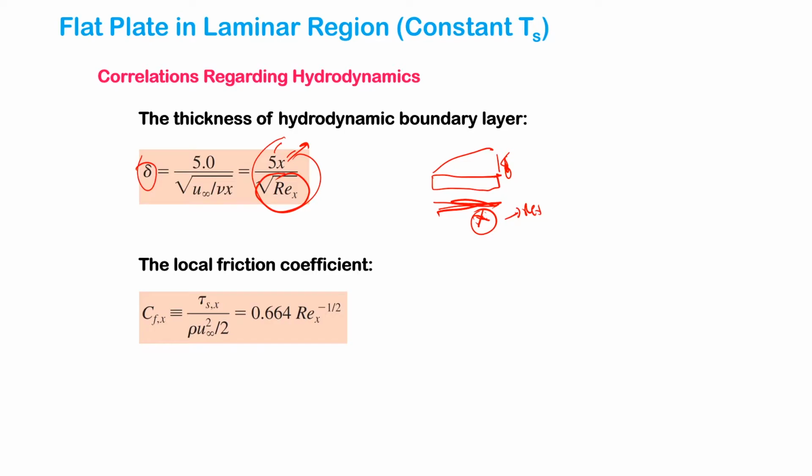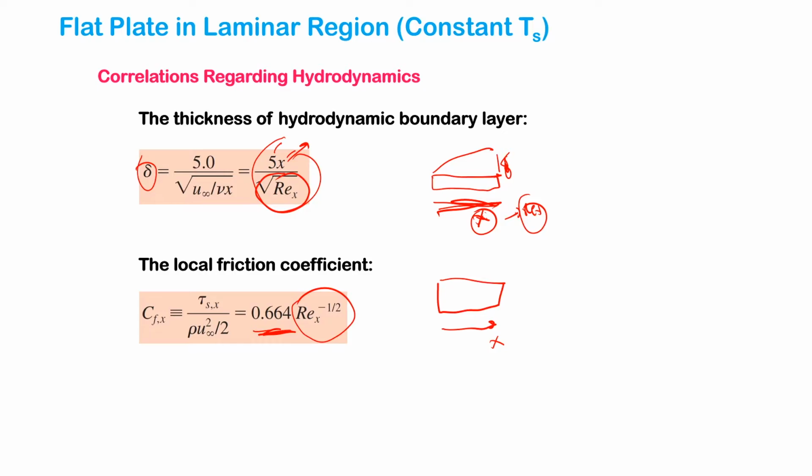And if you want to calculate the drag coefficient at a particular point x, we take the Reynolds number to the -1/2 power and multiply it by this constant, and we obtain the local friction coefficient. So these are the hydrodynamic properties.